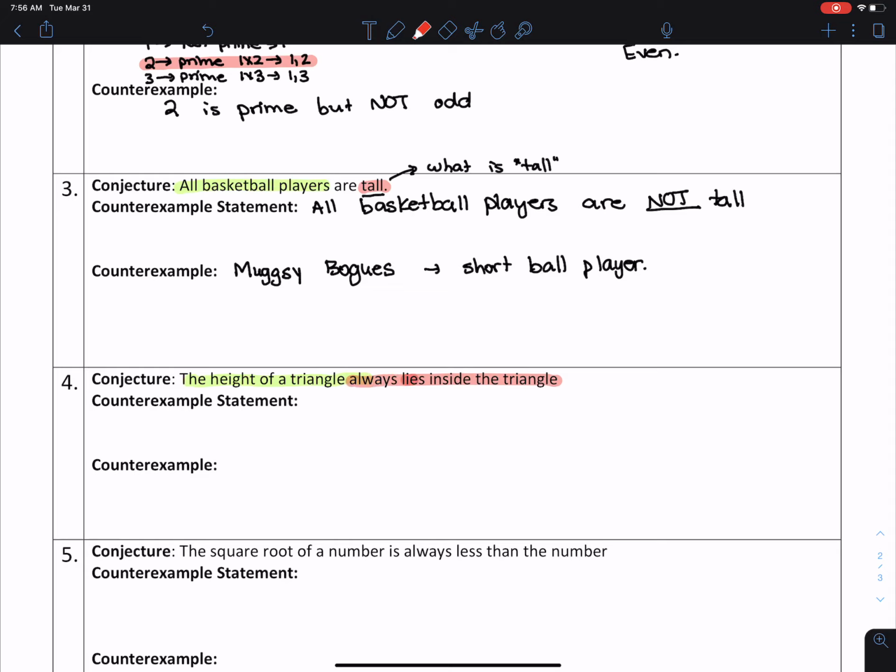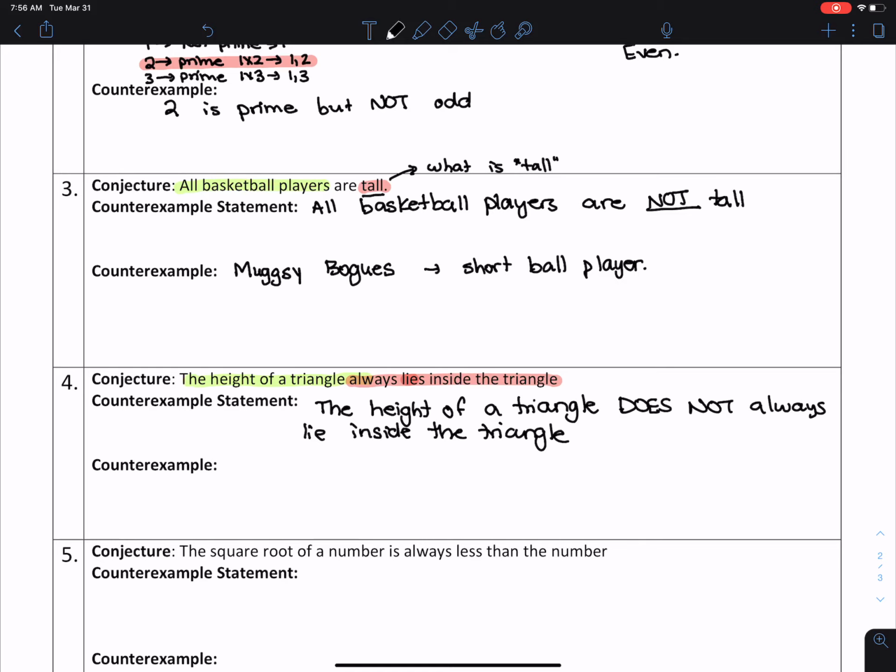So my counterexample statement would be the height of the triangle, and then instead of saying that it always lies inside the triangle, we're going to say does not always lie inside the triangle.